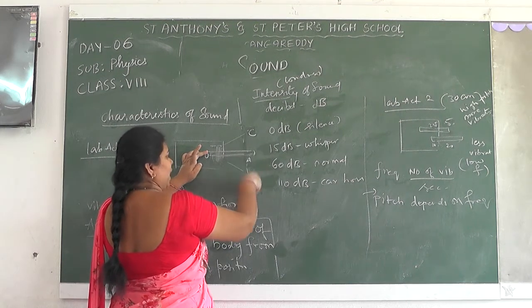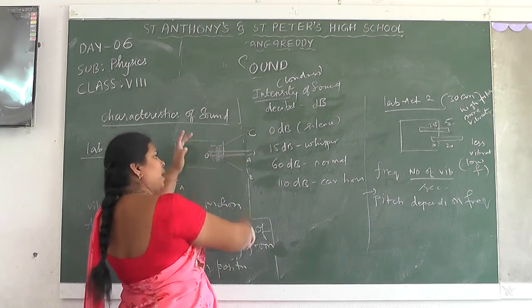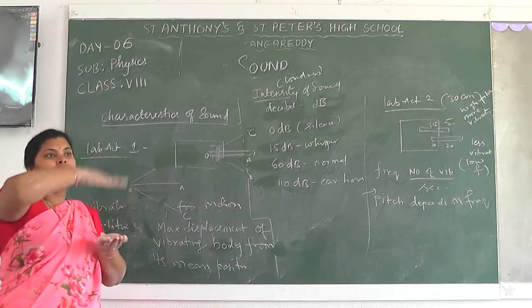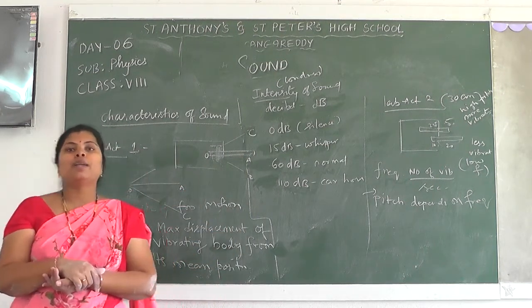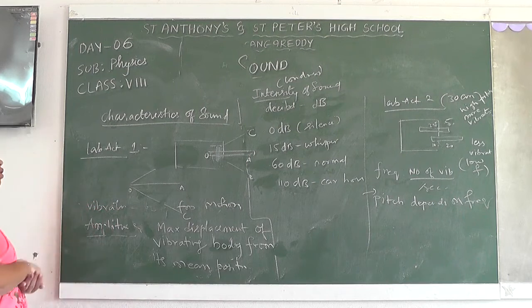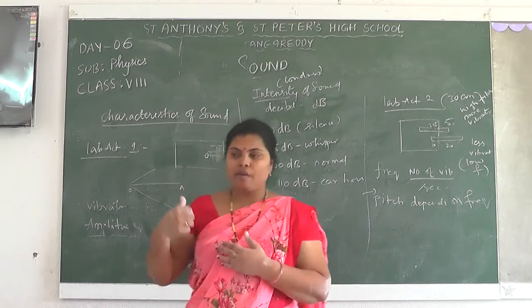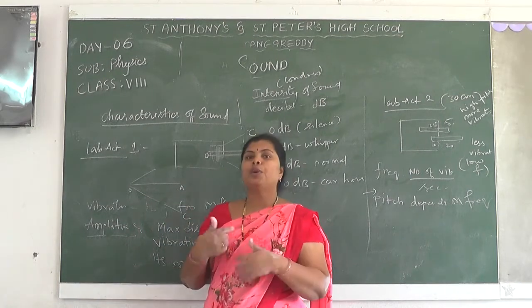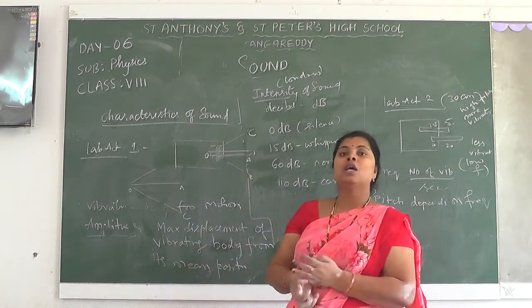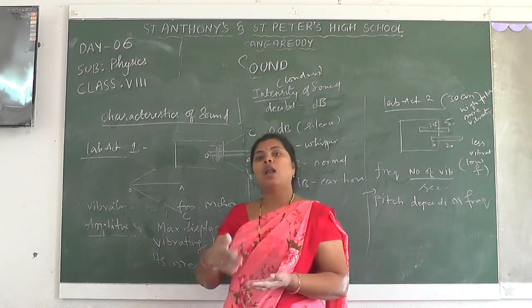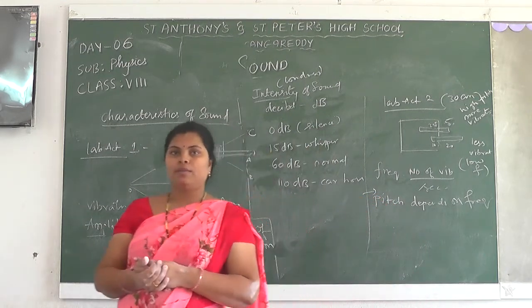When you pluck it from here, how much it is going and coming back, what is the height displacement made by the vibrating body, is called your amplitude. Finally, what you infer from this activity is, the more the amplitude, the louder the sound will be heard.